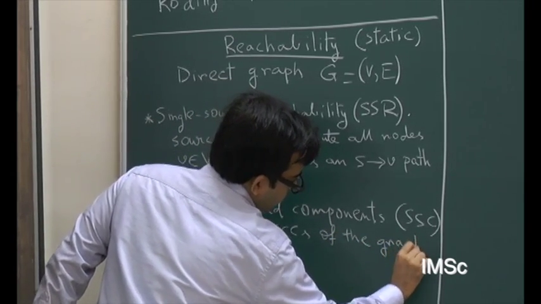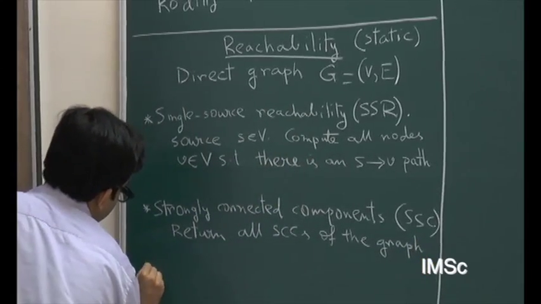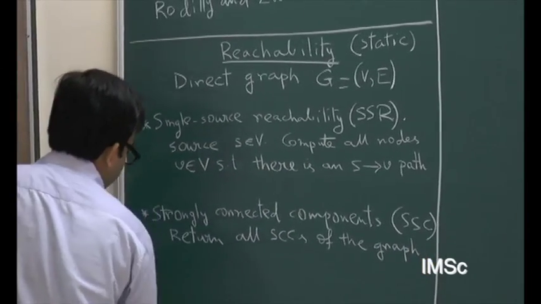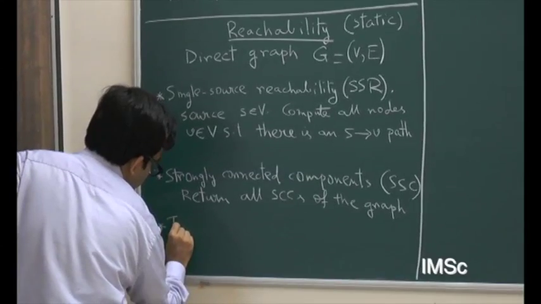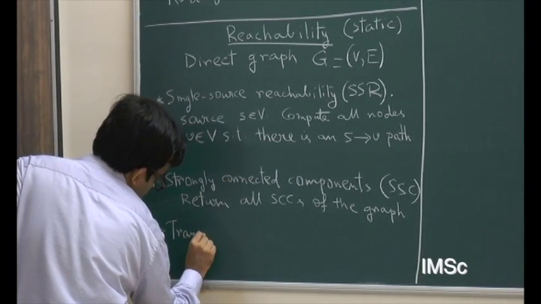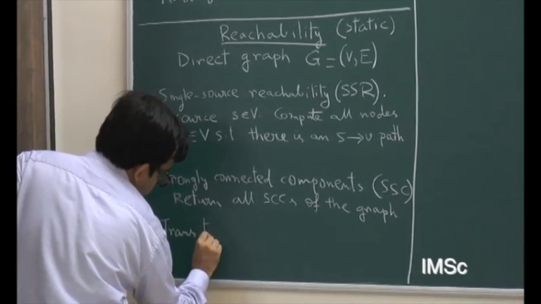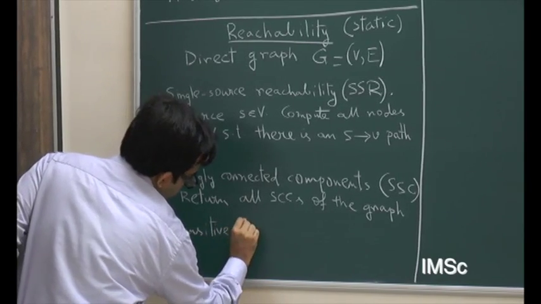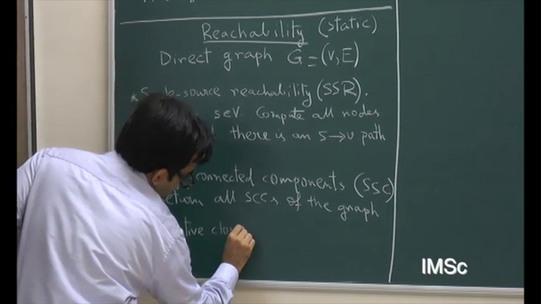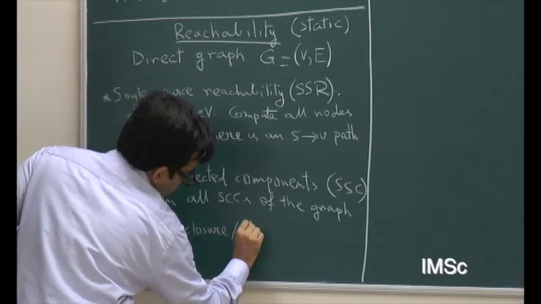And the last problem is called transitive closure, or all pairs reachability.